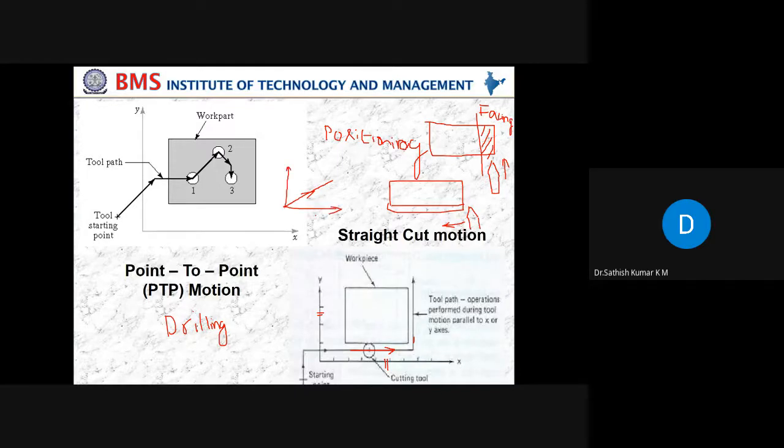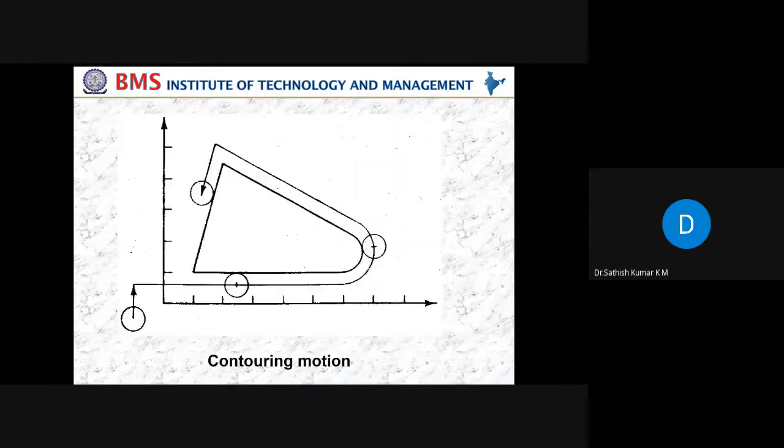The tool has to move across both x and y direction parallelly. Simultaneously, I have to move in x direction and also y direction. If I move only in x direction, it is horizontal movement. If I move only in y direction, it is vertical movement. If I want to move at an angle, both x movement and y movement should be given. So that type of motion control system is called contouring motion.